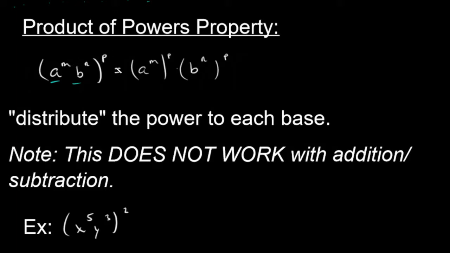And what happens is, when this is a product, then you can take this exponent and distribute it, by multiplying into the exponents. So you basically distribute, in quotations, because it's not actually using a distributive property, the power to each base.